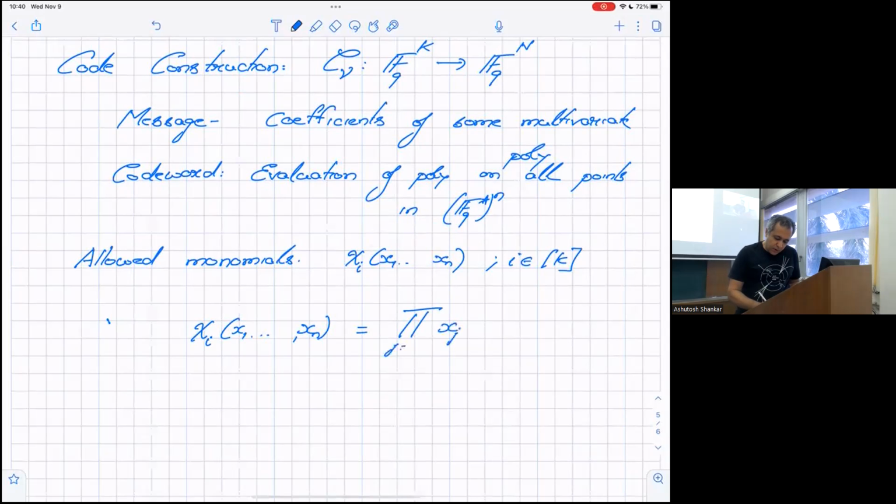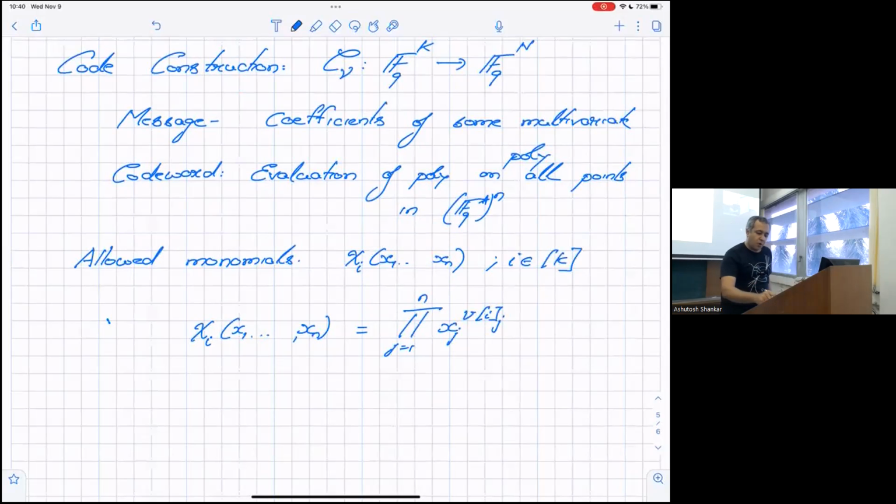It's the product of xj, j going from 1 to n, but each comes with a particular power. What's the power? I'll take V of i, the ith vector. V of i, notice, is an n-symbol vector. I'll use that vector as the exponent vector.